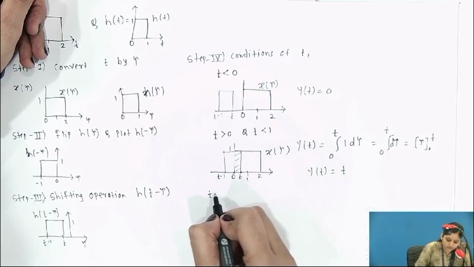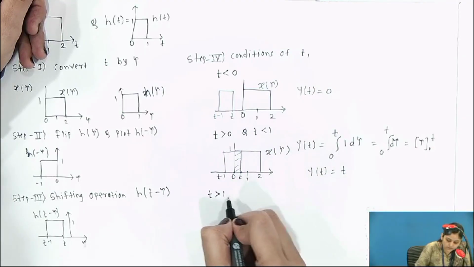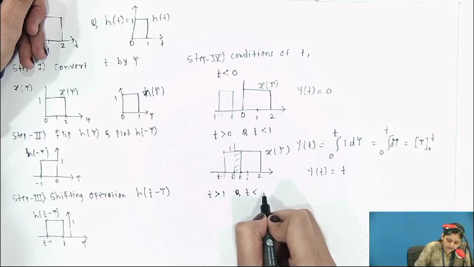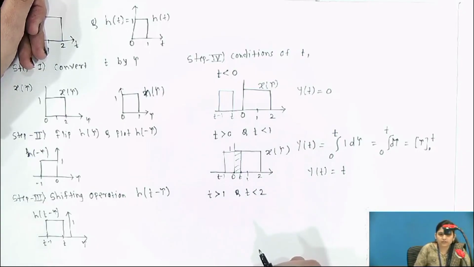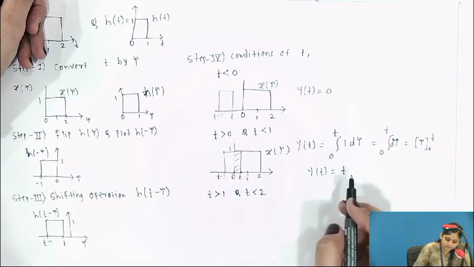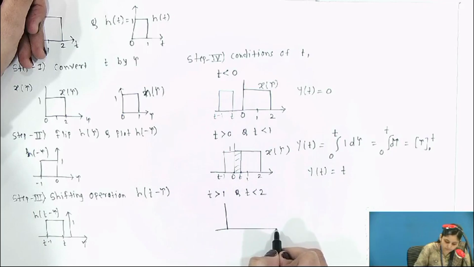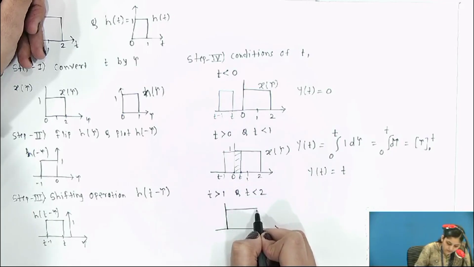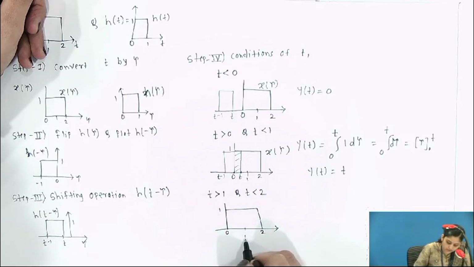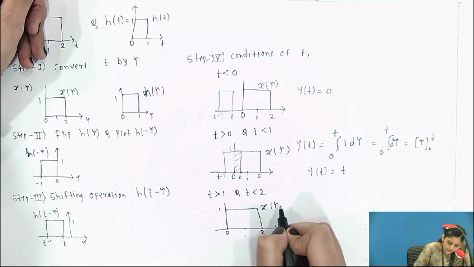Now we have to check the next condition, when t is greater than 1 and t is less than 2. Before computing the convolution integral, we have to check the overlapping region. Again our x of tau is as it is, in between 0 to 2, with amplitude 1.